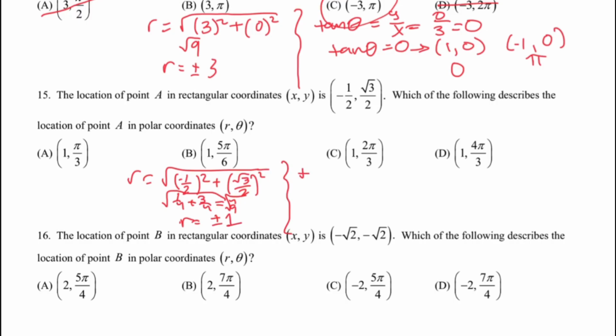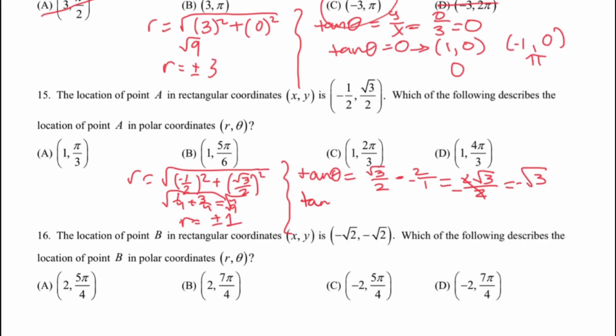And now if we solve for the angle here, tangent is equal to y over x, right? And so we just multiply by the reciprocal, so I'm actually going to delete that. So we multiply the reciprocal, which is negative 2, so we can cross that out, so it's equal to negative square root of 3.